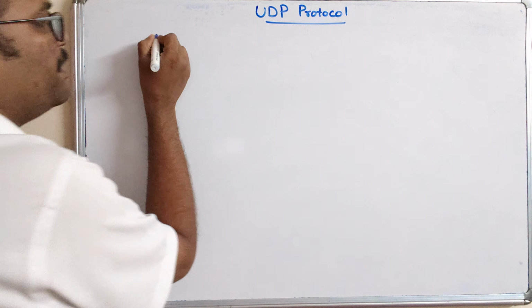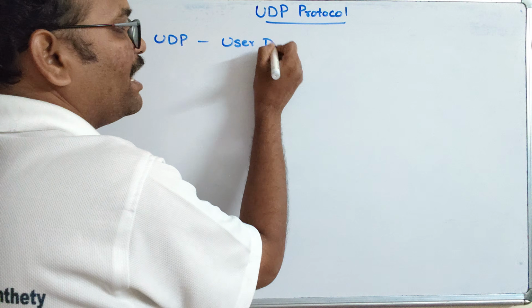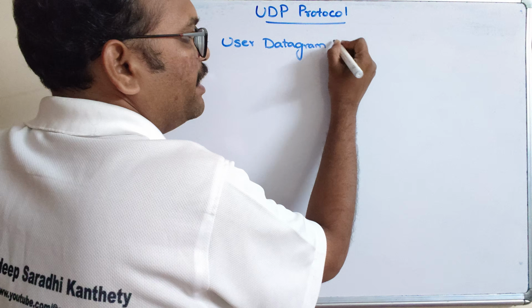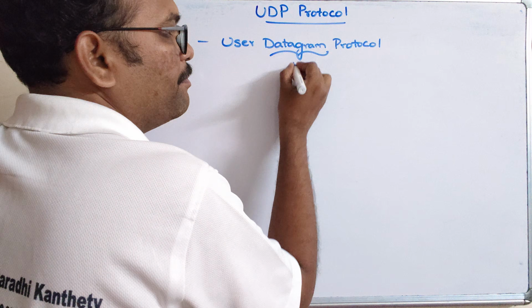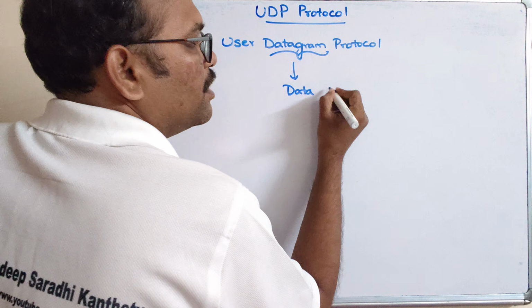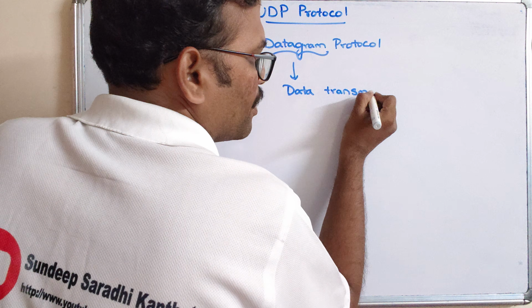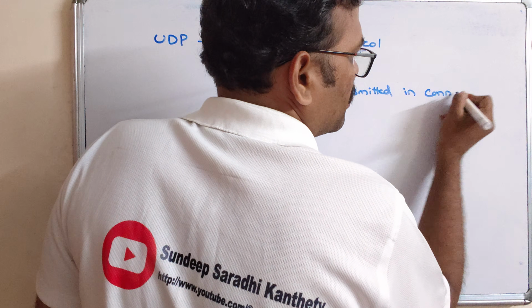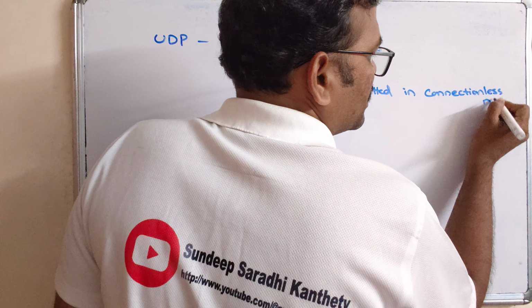UDP protocol. So UDP stands for user datagram protocol. Here the datagram means data transmitted in a connectionless network.